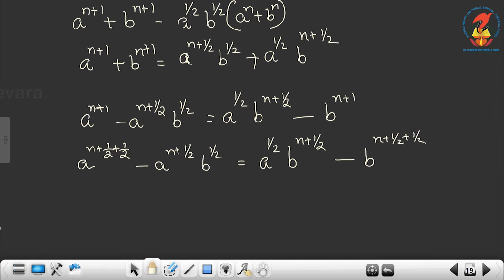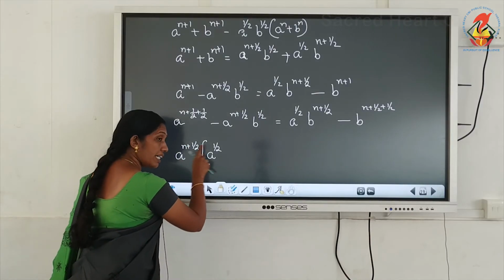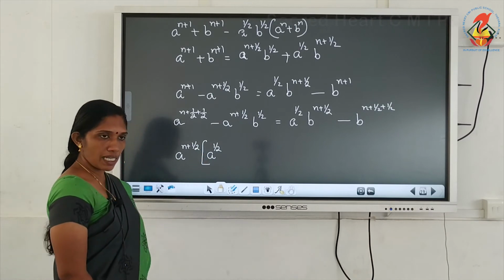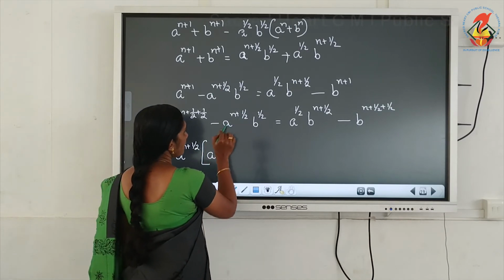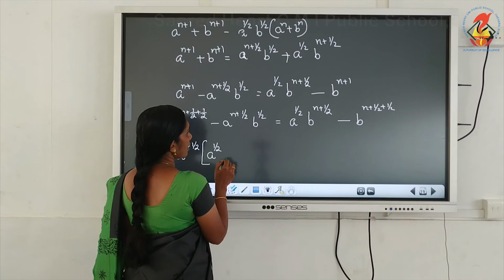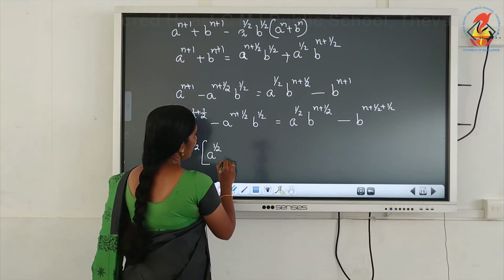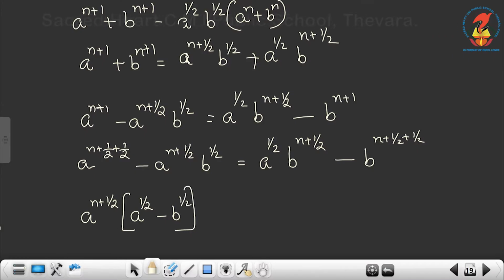So in the left hand side we can take a raised to n plus half outside. So bracket, first term is a raised to half. When we multiply you have to add the powers since base is same. Then in the second term this taking out means b raised to half is left.